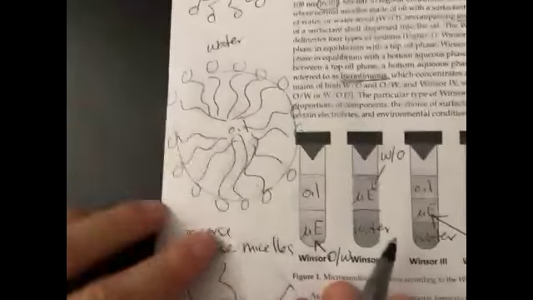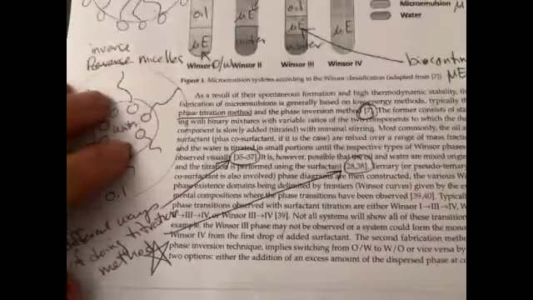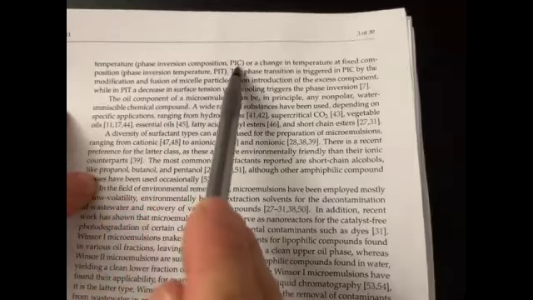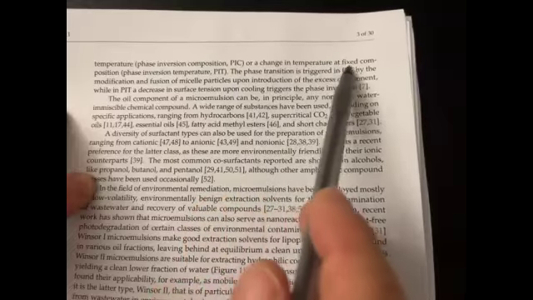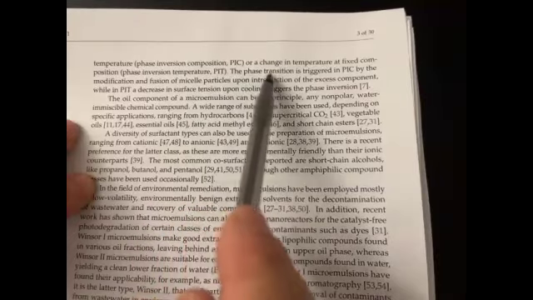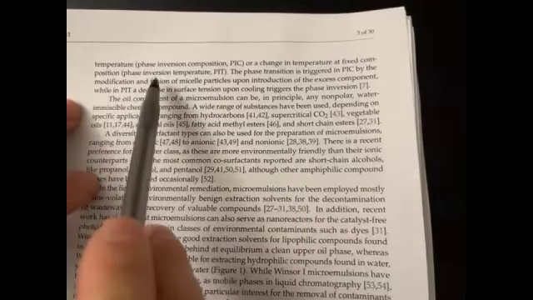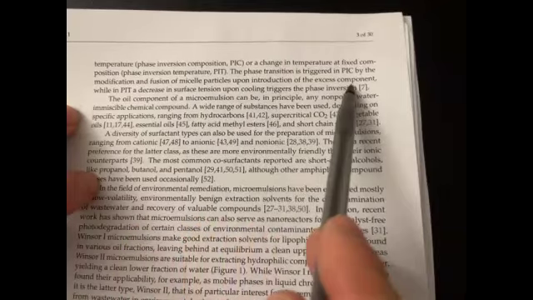The dispersed phase is probably the one that's in there, at constant temperature, phase inversion composition, PIC, or a change in temperature at fixed composition, phase inversion temperature, PIT. The phase transition is triggered by PIC by the modification and fusion of micelle particles upon introduction of the excess components.